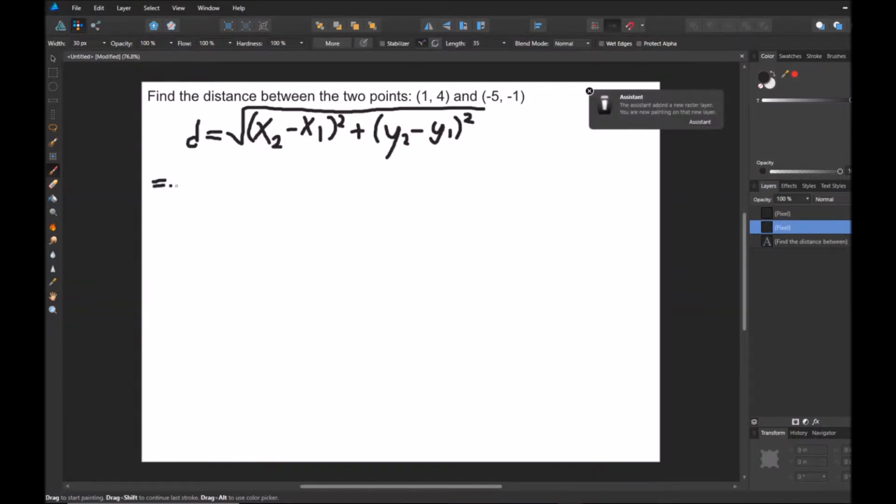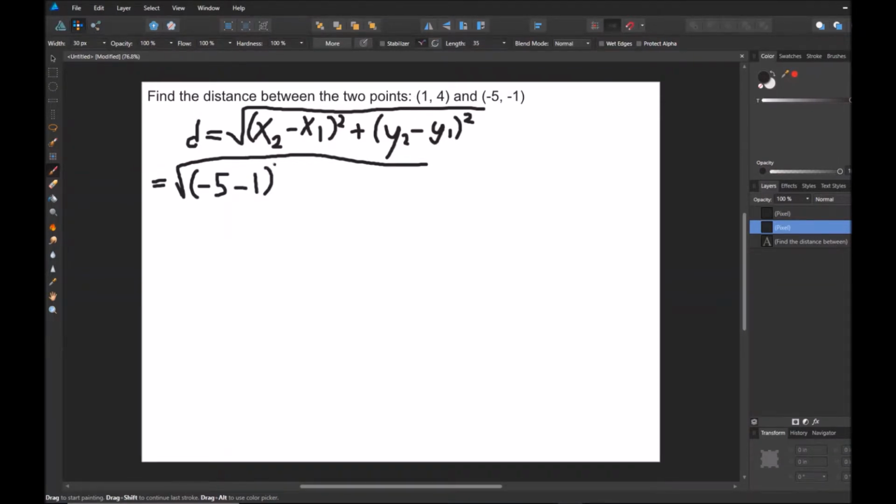So the distance formula is equal to the square root of x2, which is negative 5, minus x1, which is 1, and that's going to be squared, plus y2, which is negative 1, minus y1, which is 4, and that's going to be squared.